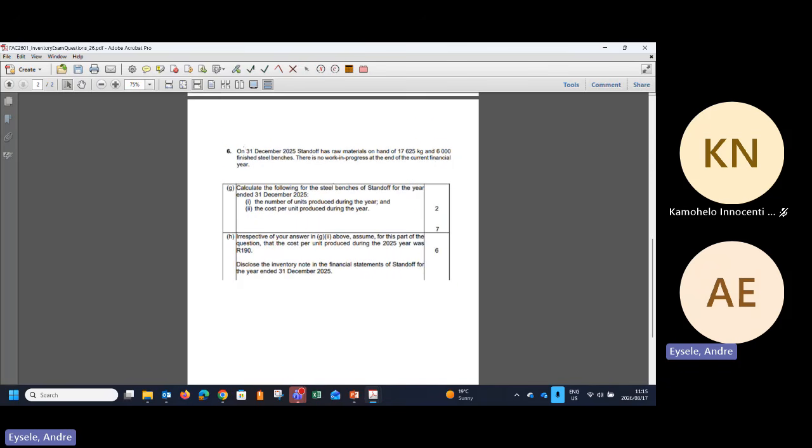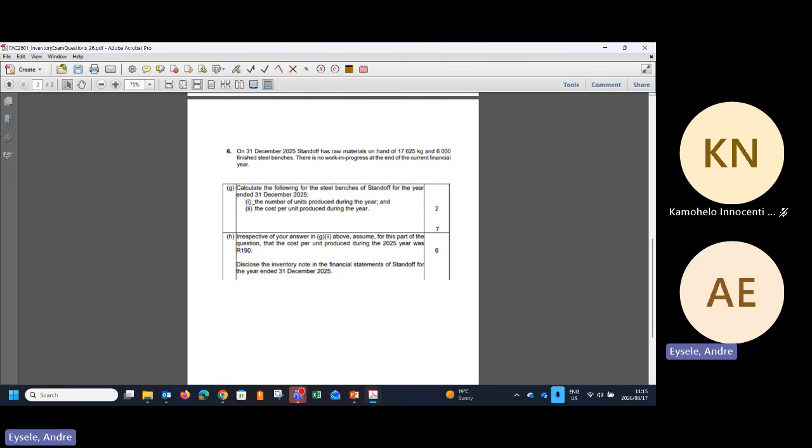What is the required? They ask us to please calculate the following for Steel Benches of Standoff for the year ended 31st of December. It's important to note your year end. Remember, it's always important to know what your financial year end is. And you become the entity. You also all of a sudden become Standoff, so that you can see it from the entity's perspective.